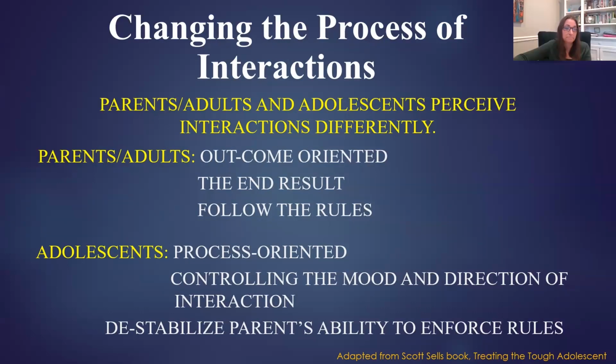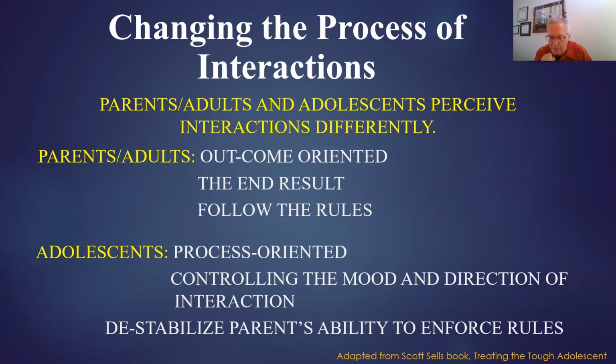This was a slide we spoke about last time, two weeks ago. It's the whole idea that adults enter into interactions, especially with adolescents, in an outcome-oriented way. They are looking for the end result.